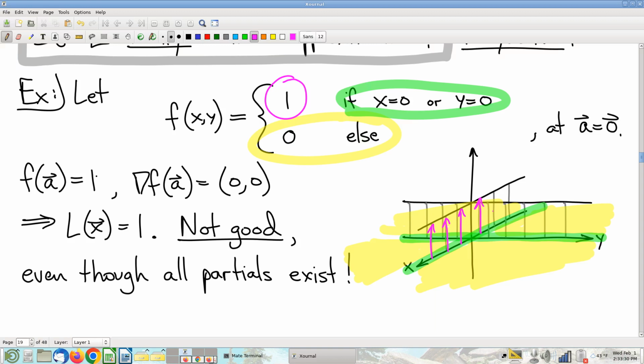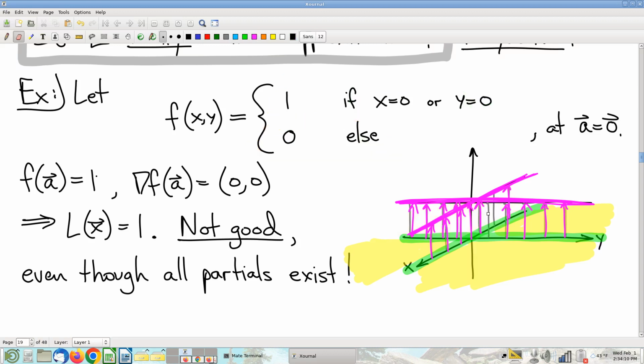So I'm going to push up on the picture by a distance of 1. And so the graph above these green points is that elevated line and this elevated line. Does everybody see what I'm talking about there? It's admittedly a weird function, but perfectly valid as a function, no problem.